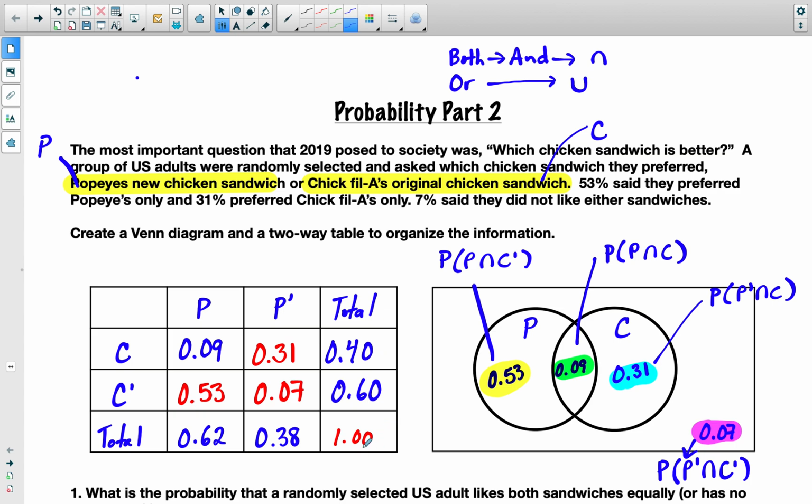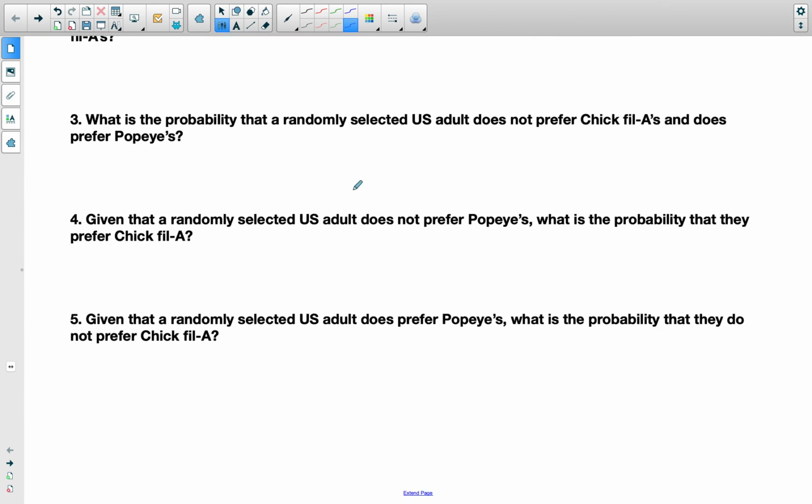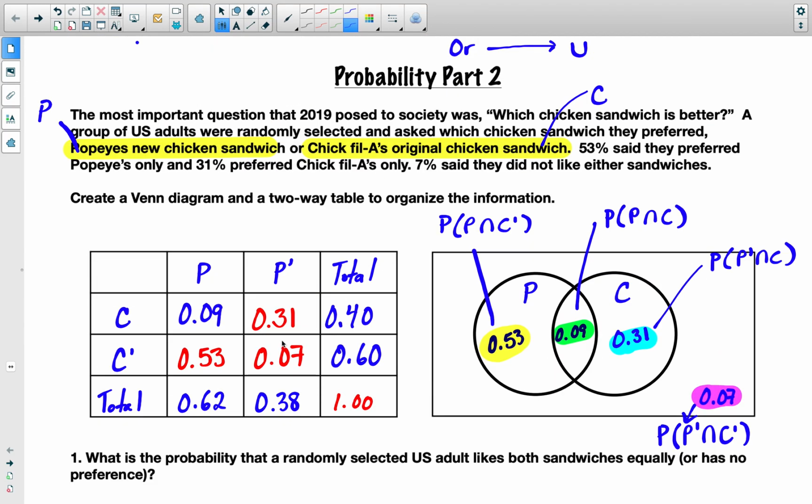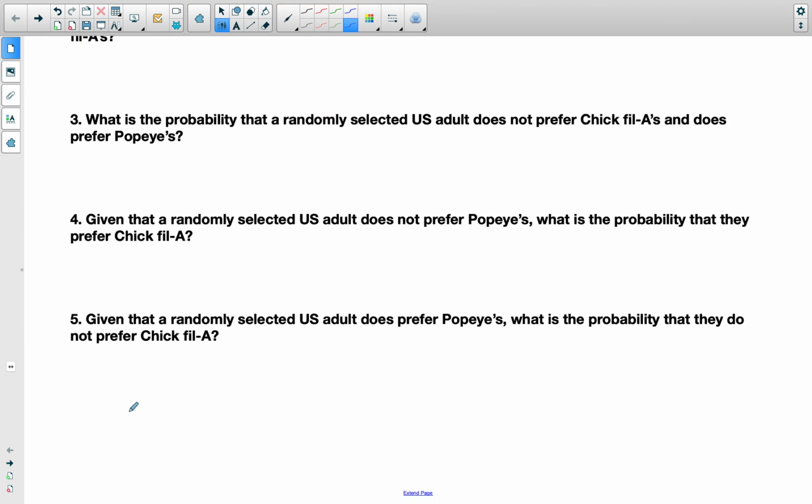Now, you'll be given the formula sheet for the AP test, and we're going to be using some of those formulas today. On your AP formula sheet, the two we'll be using today, I'll write them down here, but you should always have this close to you.